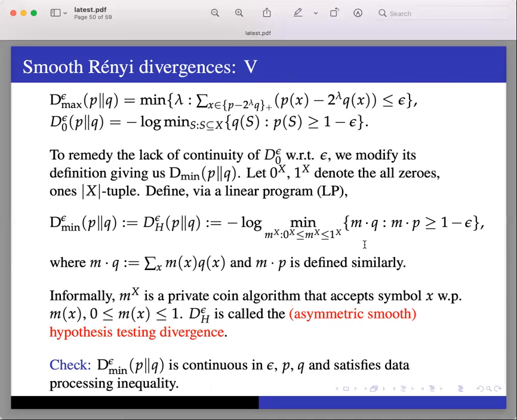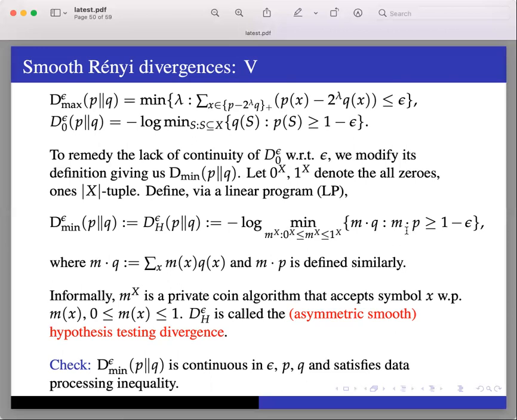Let's look at it slowly. Here I'm minimizing over the choice of all m's. So m is an X-tuple, and m lies between 0 and 1. That means all the coordinates of m are greater than or equal to 0 and less than or equal to 1. This is a linear constraint on the vector m.